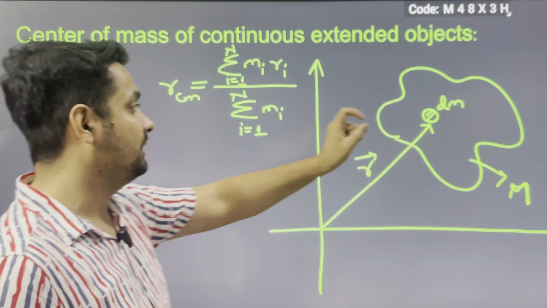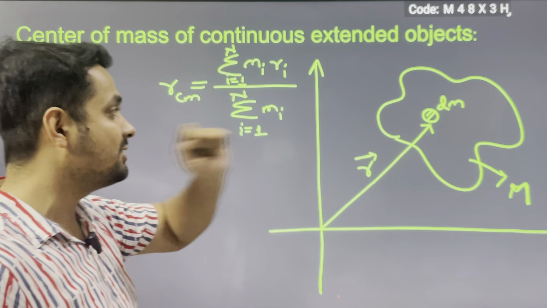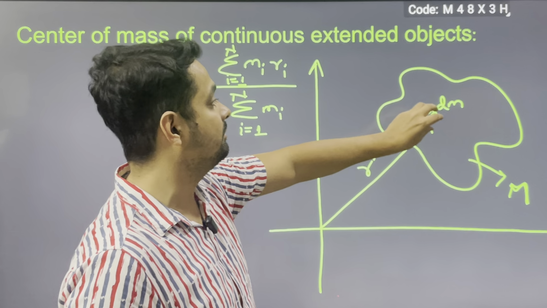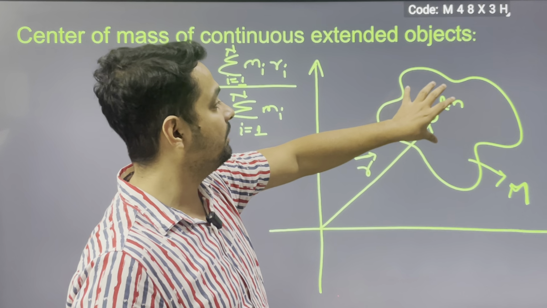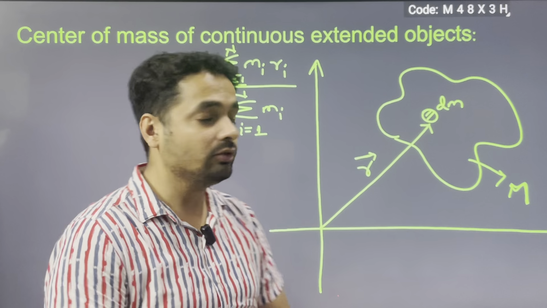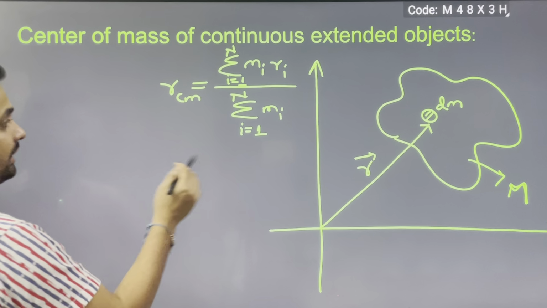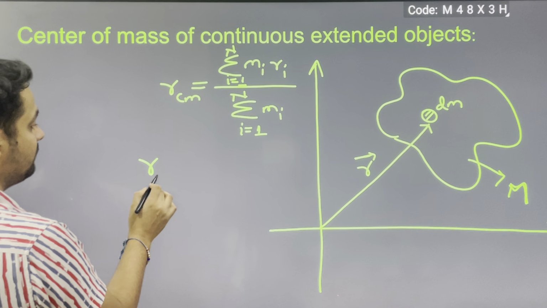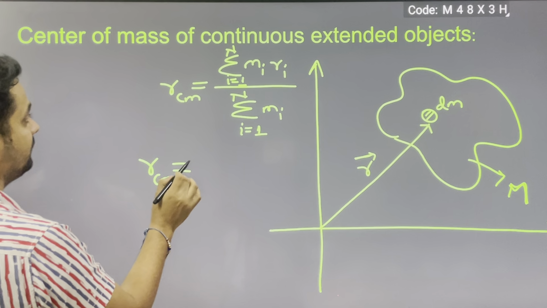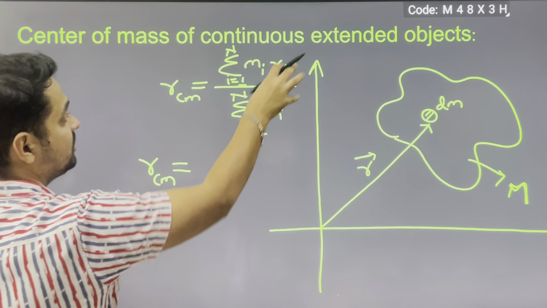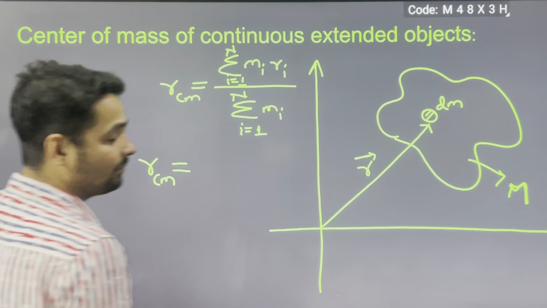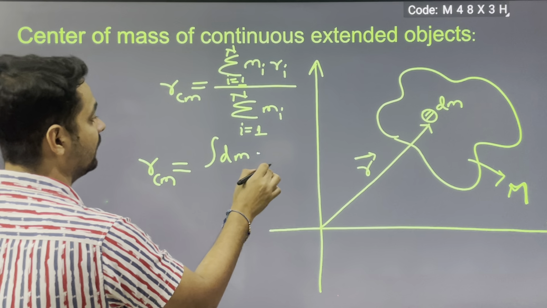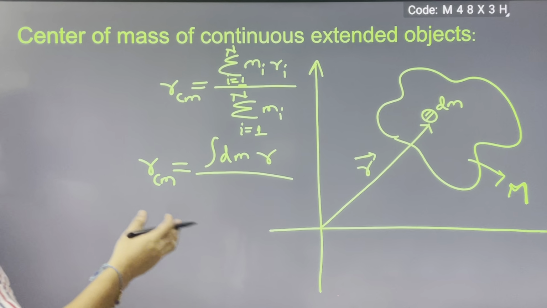But now I have one continuous body, so I just took a small part of it. If I take dm mass, dm mass, dm mass, the body is made up of small dm masses. So in a continuous body system, our center of mass can be written as the integration of dm r, because here I have to take the sum of dm masses, and integration is also a sum only.